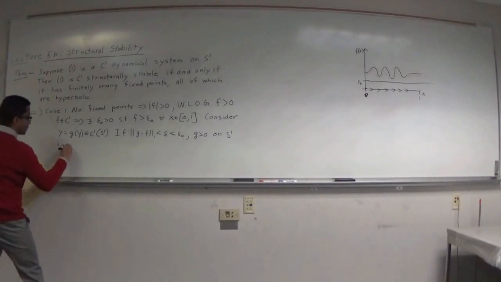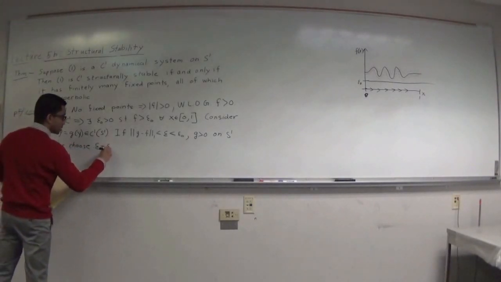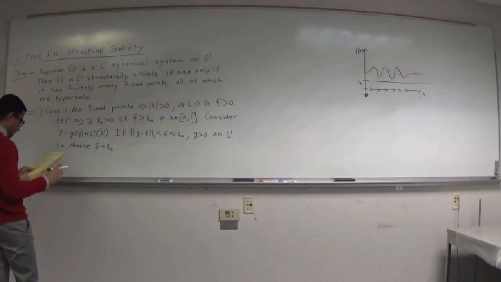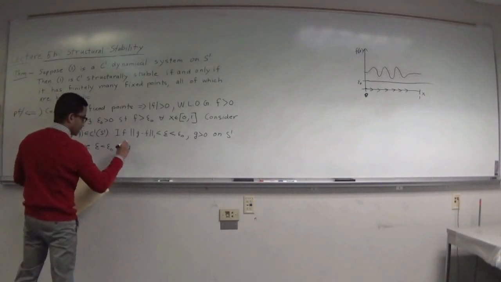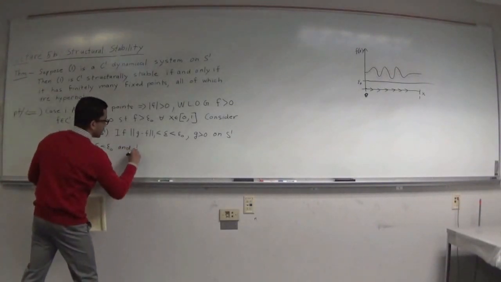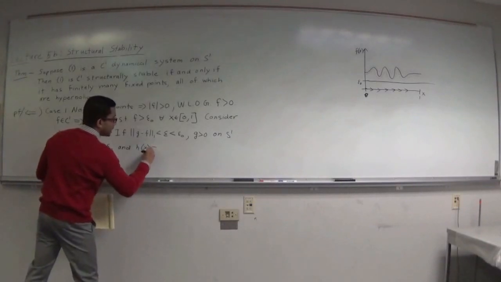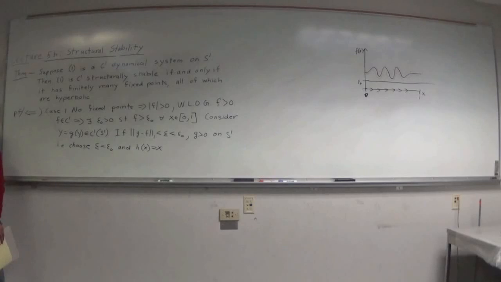So we can choose epsilon to be less than epsilon naught, and we can choose h of x to equal x. We could just use the identity map.